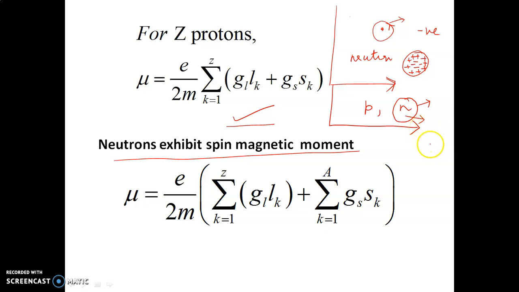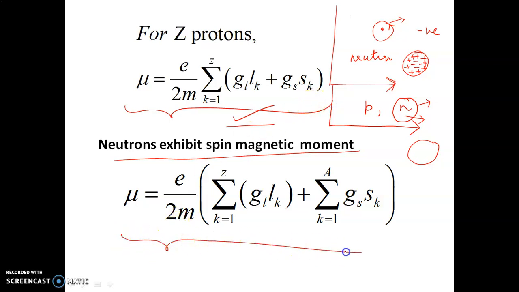But neutrons don't show orbital motion, they only have the spin. So this relation, when the neutrons are included, gets modified to this. Let's see what has happened in the modification.